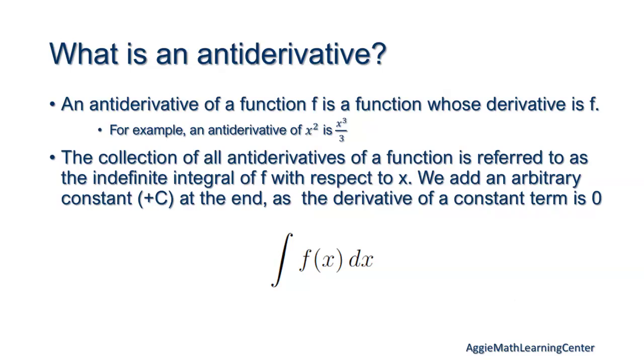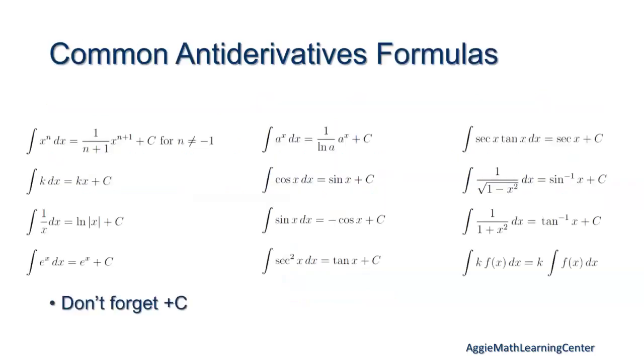The collection of all antiderivatives of a function is referred to as the indefinite integral of f with respect to x. We add an arbitrary constant plus c, because anytime we take a derivative and we have a constant on the side, that goes to 0. So there could be this mysterious constant out front. We just don't know what it is, because there's an infinite amount of possibilities. So we add on this plus c.